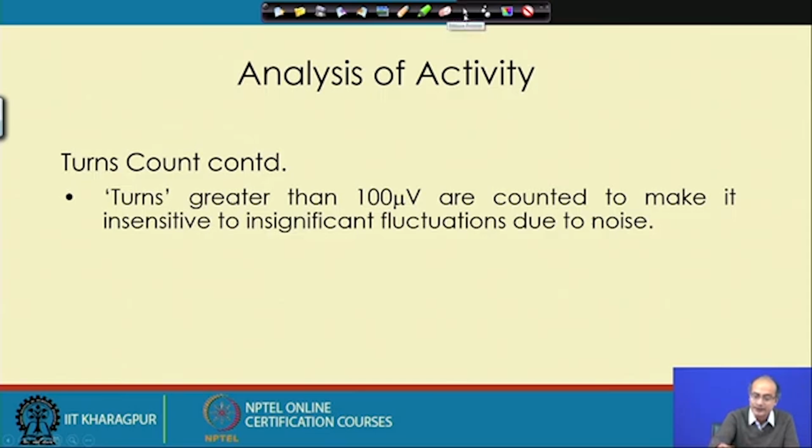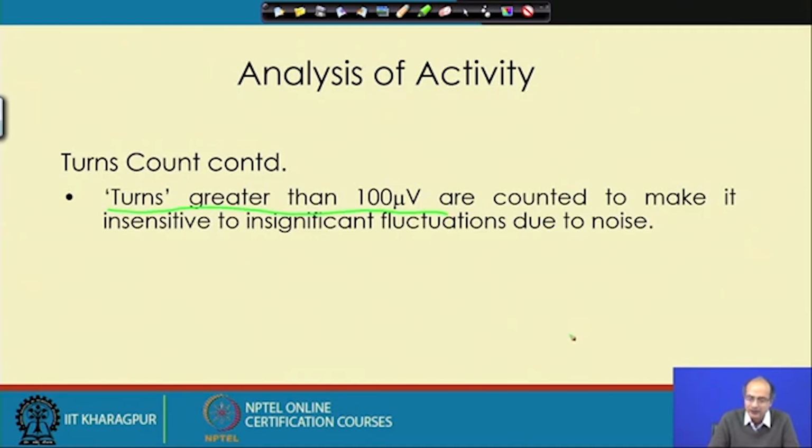Okay. So, to get rid of that, the researchers suggested that they want to take only the prominent turns, okay, and they define the prominence by some magnitude, that turns must be greater than 100 microvolt to be counted, to make it insensitive to insignificant fluctuations due to noise. Okay.